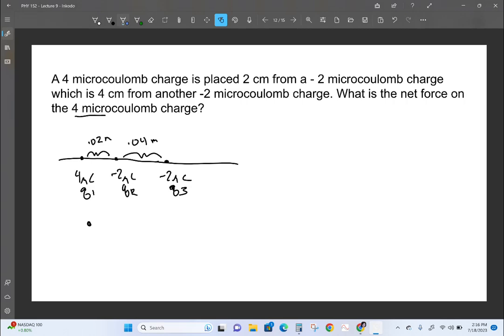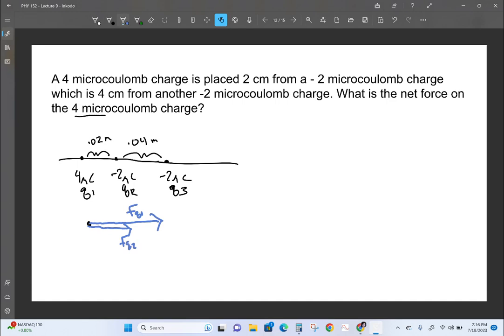Because they're opposite. So Q1 is going to feel this force, and it's also going to feel this force of attraction to Q2.